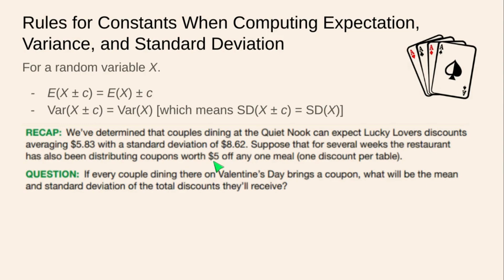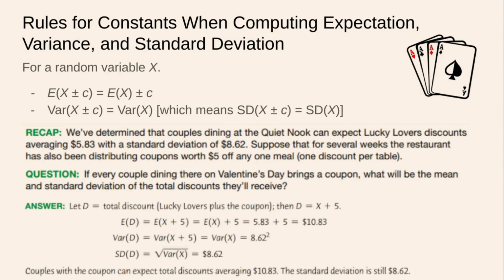So we're going to let D be the total discount, at least our textbook does, which would be the Lucky Lovers discount plus the coupon. D is equal to X plus 5, X being the Lucky Lovers discount. So the expectation of D would be the expectation of my Lucky Lovers discount plus $5. So we would be saving $5 right off the bat, and then some additional amount because of the Lucky Lovers discount, which is due to chance.